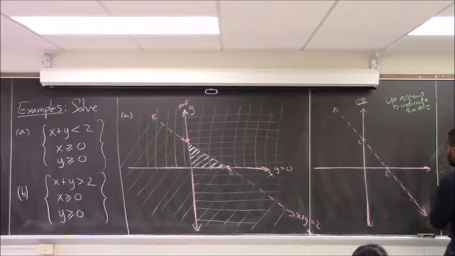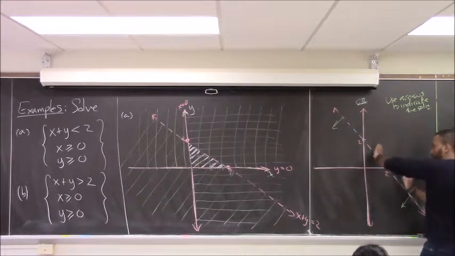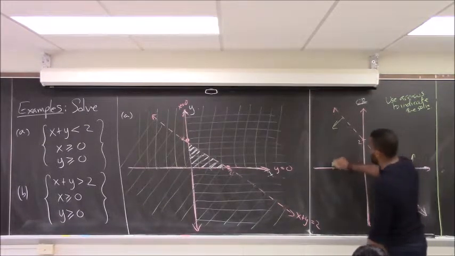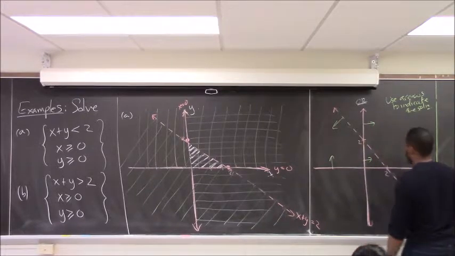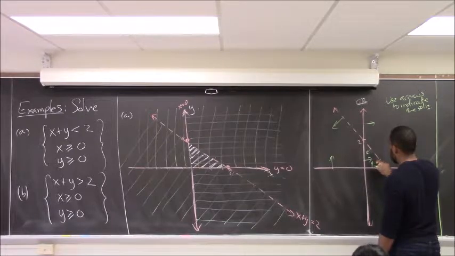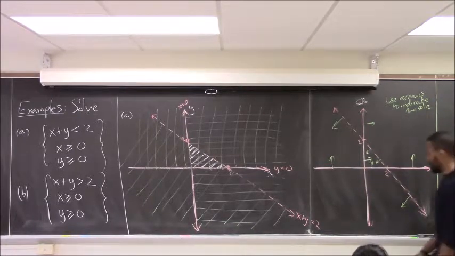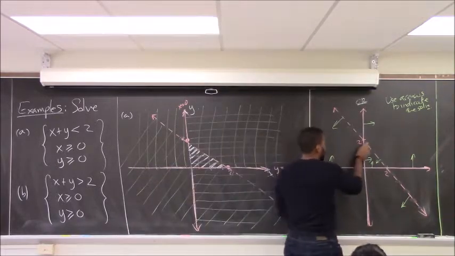In that sense, we know that the solution for this line was below, so you can just draw a couple arrows on this saying, okay, I want below this, I want above this, and I want to the right of this. Right? So you realize within here, you have all these arrows pointing at each other, and so you can figure out that way that the solution region is this triangle.